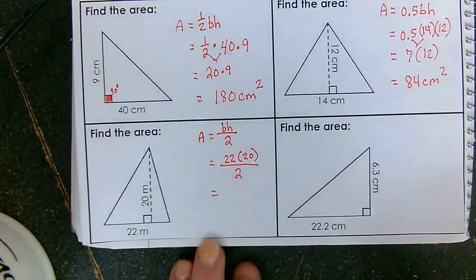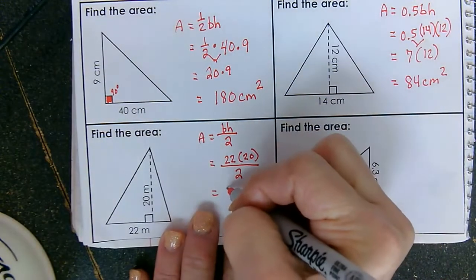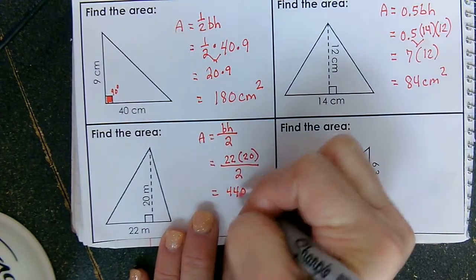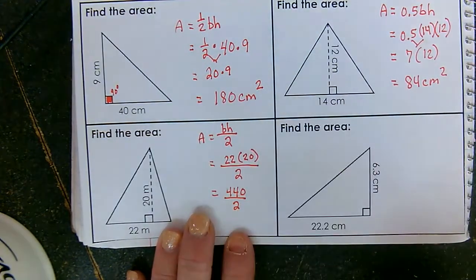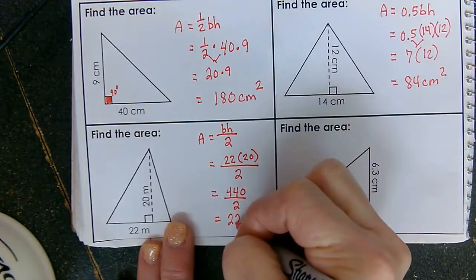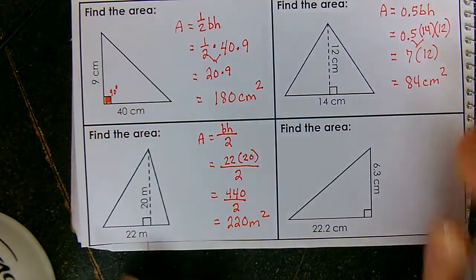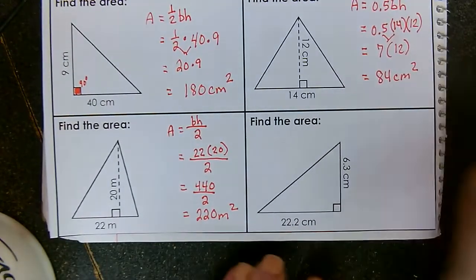And that equals 22 times 20 is 440. Divided by 2, I bring that down because I multiply the two tops together, and that equals 220 meters squared.